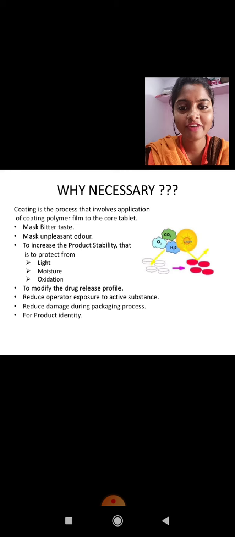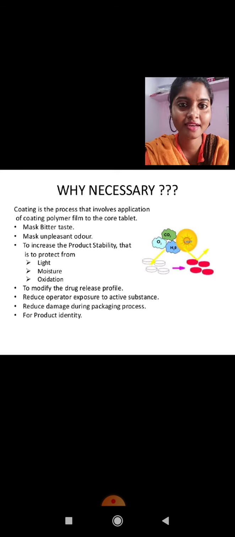And also to modify the drug release profile. By adding different polymeric agents to these coating materials, we modify the drug release profile. We can extend the drug release, or if we need fast release of a drug, we add different polymers.